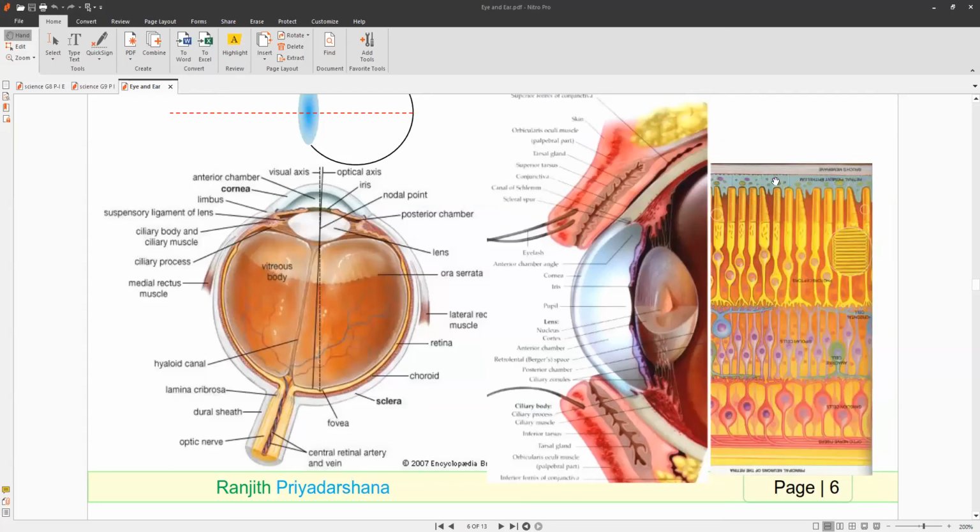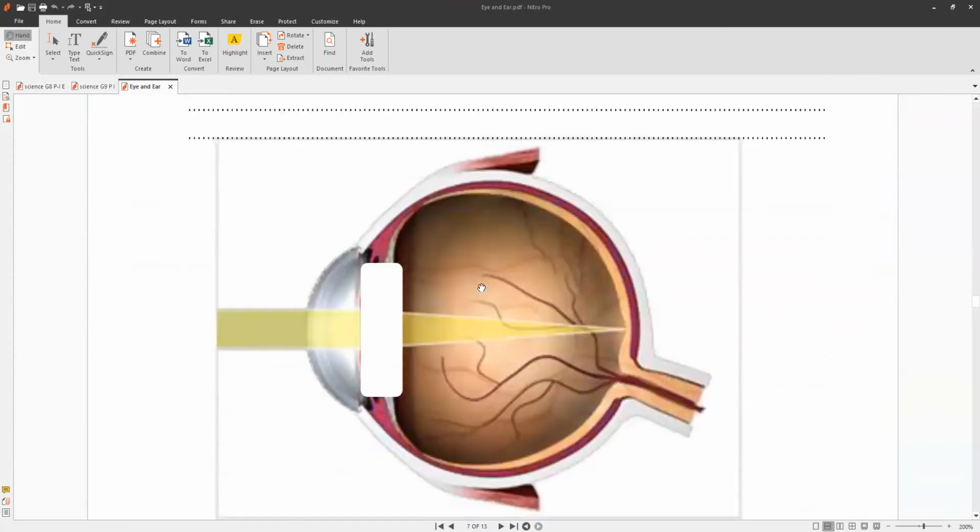This side is where the light enters. And you can see this wire line, just like wires, so it creates the optic nerve like here. So this is how it is focused from far away objects.